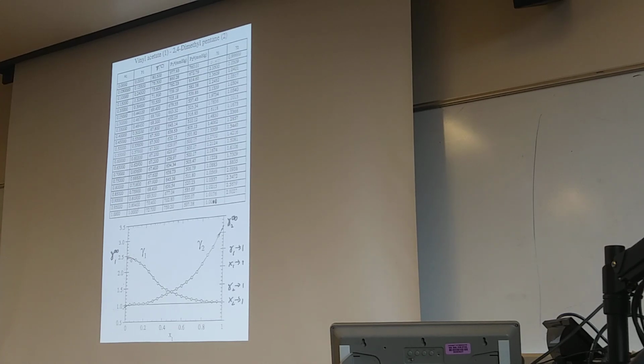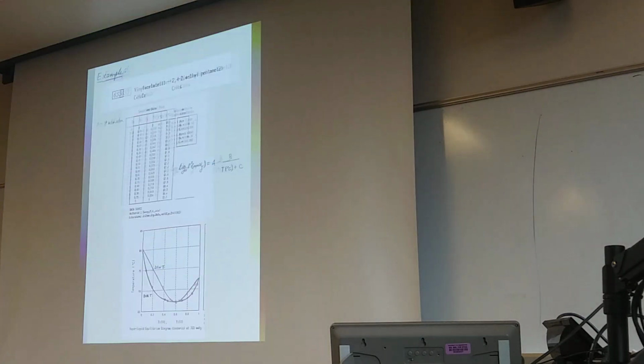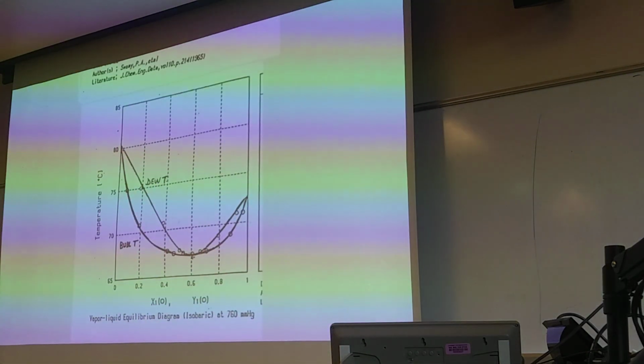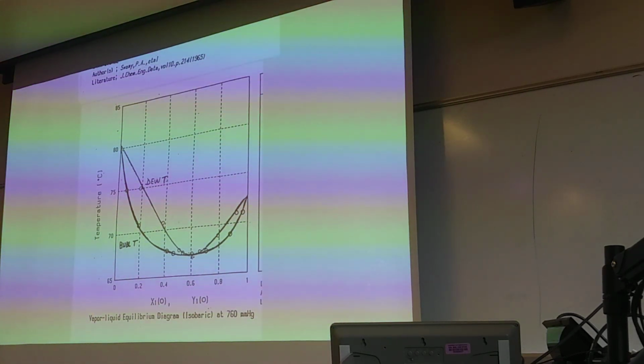If we examine the table, we'll be able to pick that out, but if I look at a plot of these data, then it looks like this, so it's obvious that we've got a minimum boiling azeotrope for this particular case. And here's just a plot of all of those points.